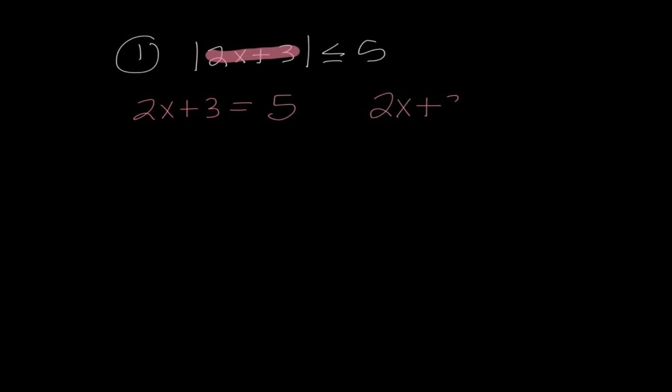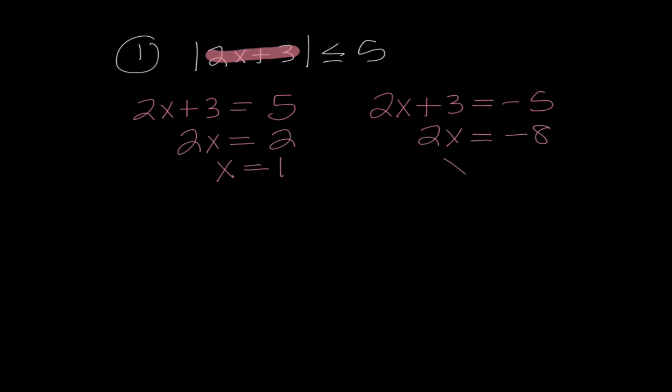And also set it equal to negative 5, because I'm setting it equal to the number and to its opposite. Now I'm going to solve for my endpoints. I would subtract 3 from both sides and divide by 2, in both equations.